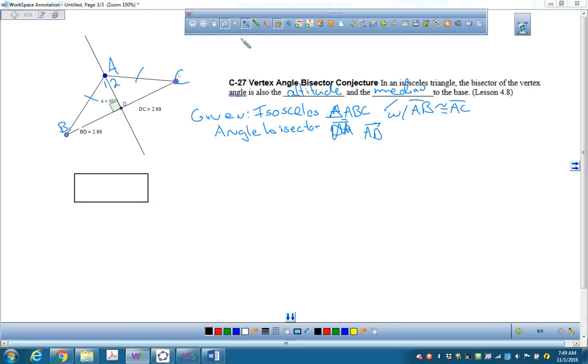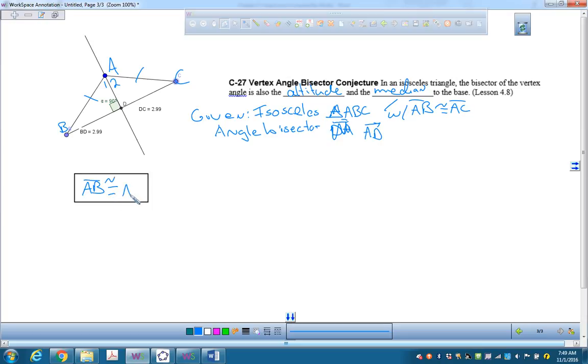And I'm going to say that AB is congruent to AC. And that's more or less given because it's an isosceles triangle. Something like that.